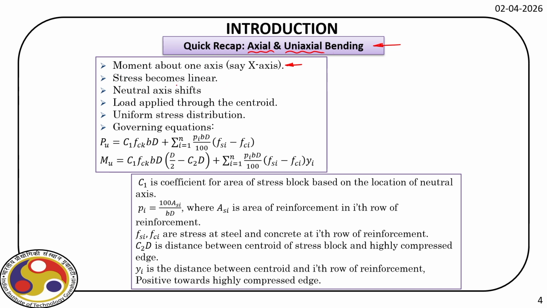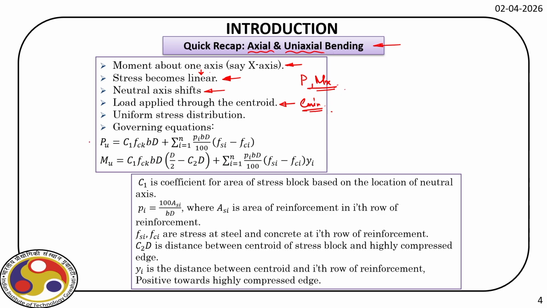Then, of course, the stress distribution follows a linear model. Because of the combined effect of P and the moment about X, we need to find out the stresses at the extreme fibers. In this case, the neutral axis shifts, and of course the load is applied through the centroid, but again, we should take care of the minimum eccentricity.